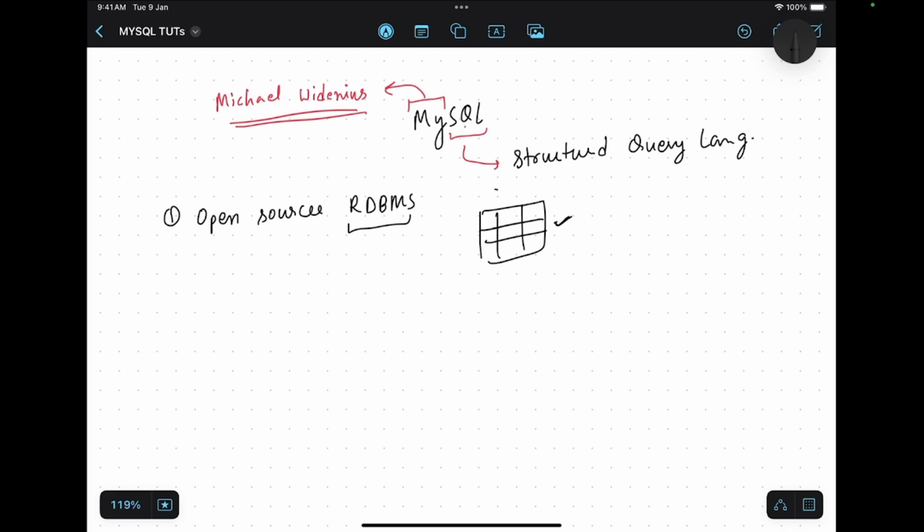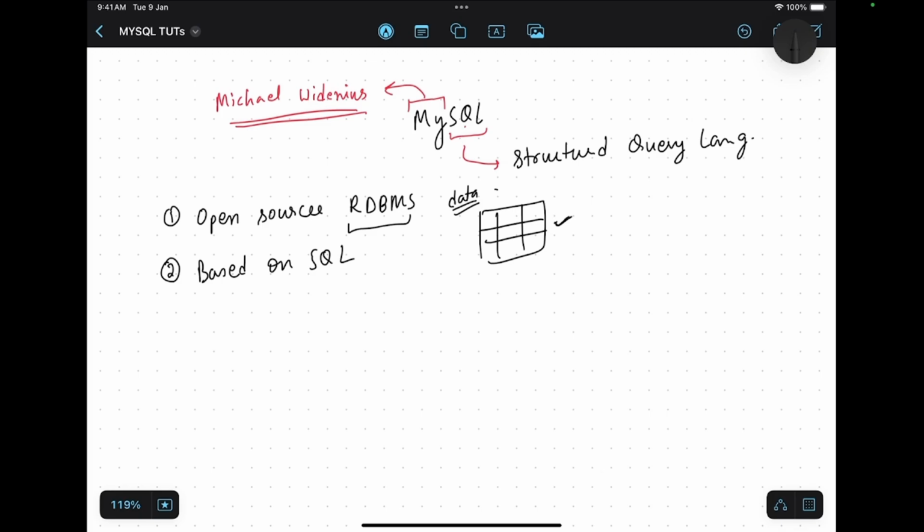It is based on SQL, which we call structured query language. It's the language which is used by MySQL. There are also a lot of other databases which use SQL. In RDBMS the data is stored in the form of tables, in rows and columns.